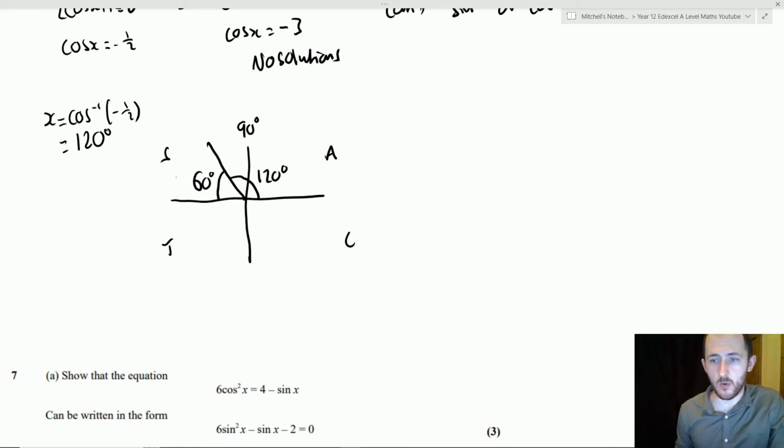Okay? So, where else is cos negative? Well, it's going to be in the tan section. And if we were to go all the way around, this would be 60. So we'd have 180 plus 60, which is 240.